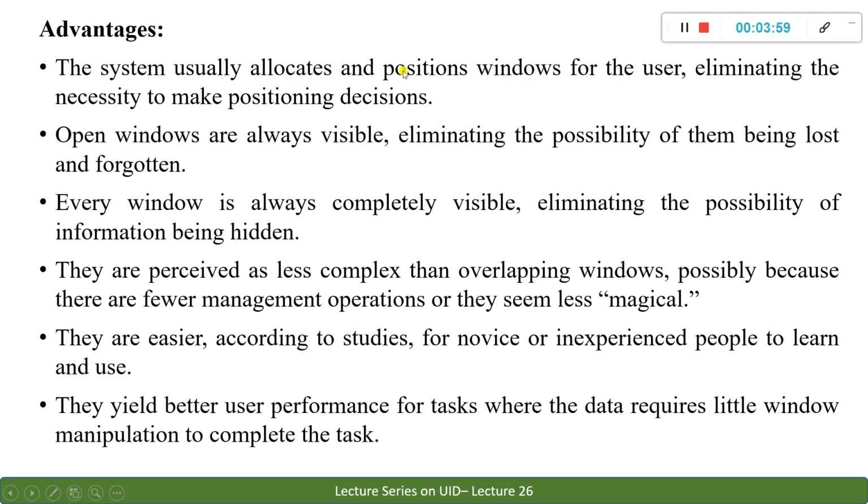It will allocate that and position it. So none of the decisions are left to the users. Users cannot just remove that window or close that particular part. So it will be kept visible. Open windows are always visible, eliminating the possibility of them being lost or forgotten. Every window is always completely visible, eliminating the possibility of information being hidden.